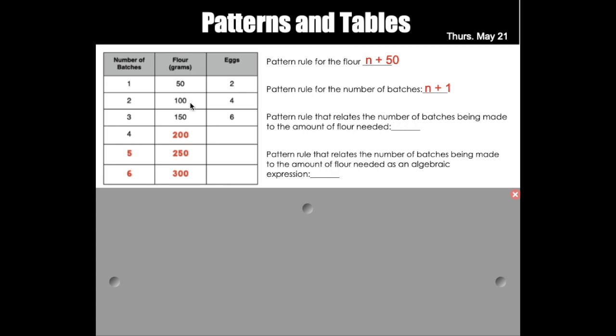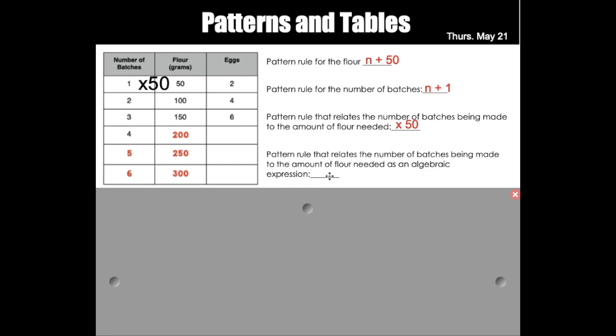And I already know that this is increasing by 50 each time. So that means that this is times 50. 1 times 50 is 50. 2 times 50 is 100. 3 times 50 is 150. So that is my rule: I am multiplying by 50.